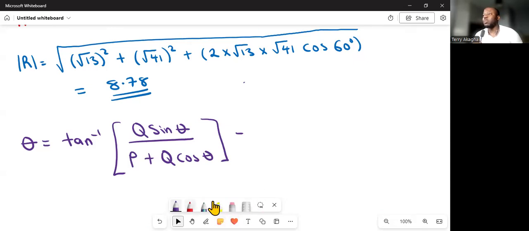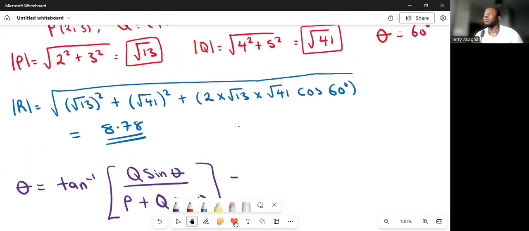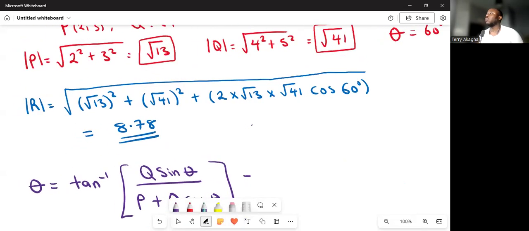We know the magnitude of Q that we got, just to remind ourselves, is root 41, okay? And the magnitude of P we got to be root 13, and we had our theta to be 60 degrees, right?